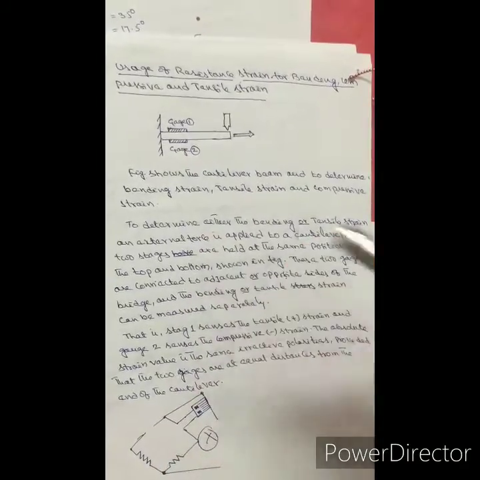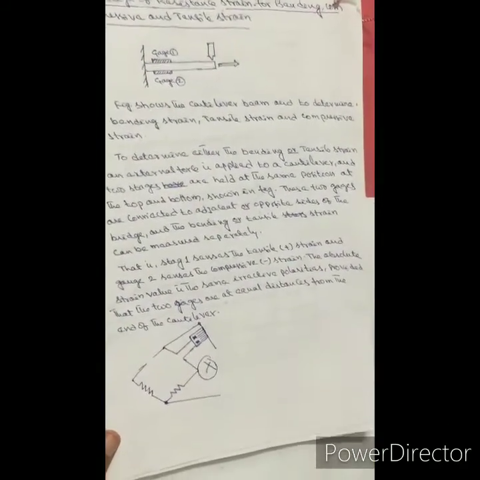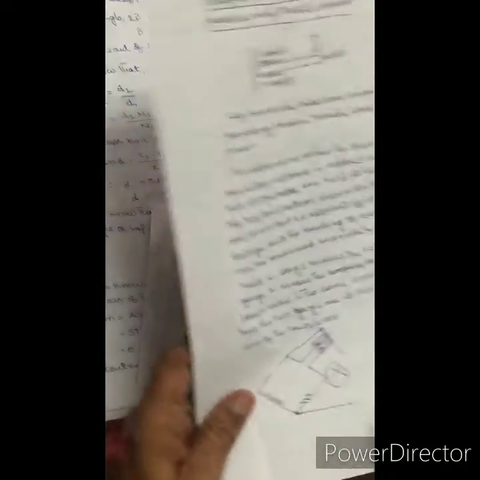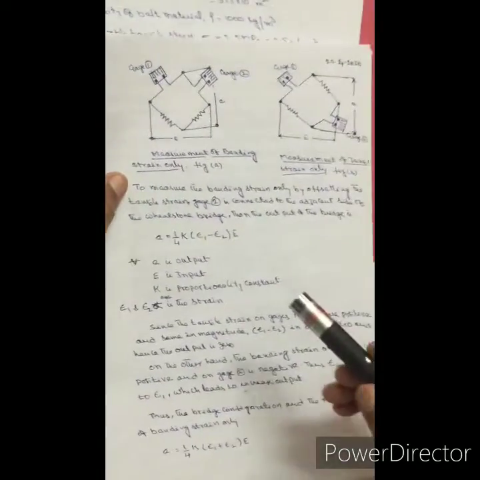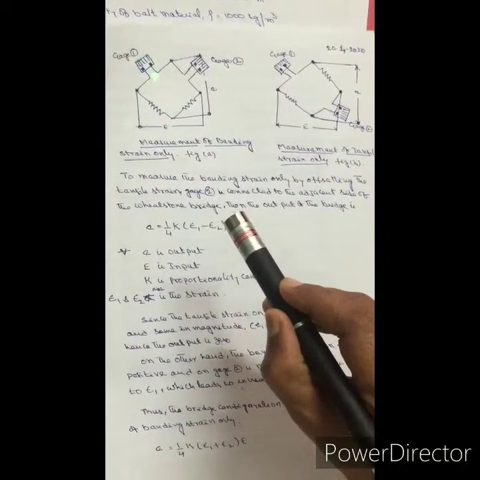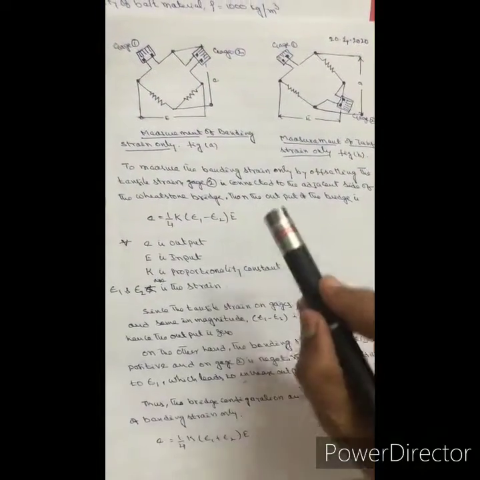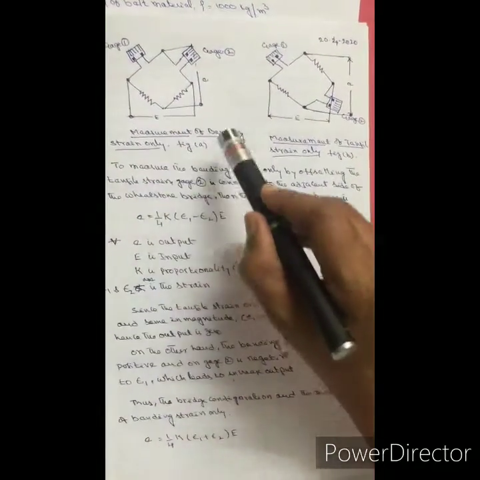We will see the reaction in the Wheatstone bridge. See that two similar figures are there. This is one Wheatstone bridge, and another strain gauge I attach over here. Another two will be there.